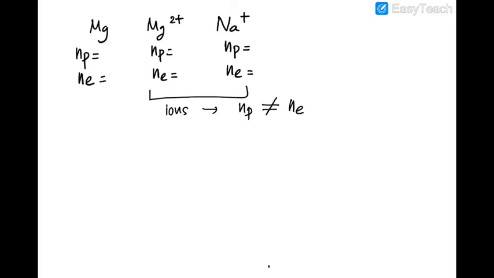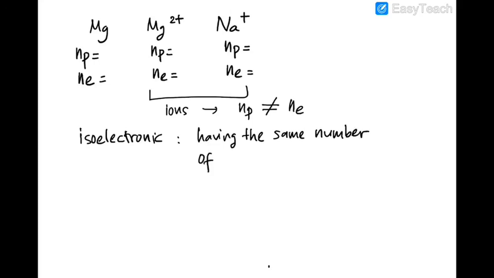Now, while we are at this, there is another term that is called isoelectronic, meaning having the same number of electrons. So, for instance, you have X 2 plus and Y 3 plus.